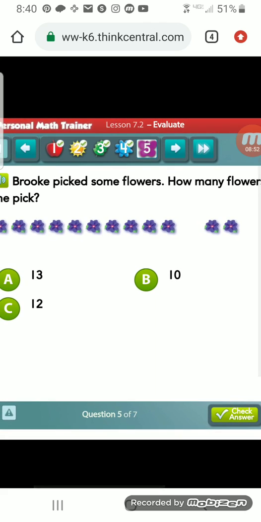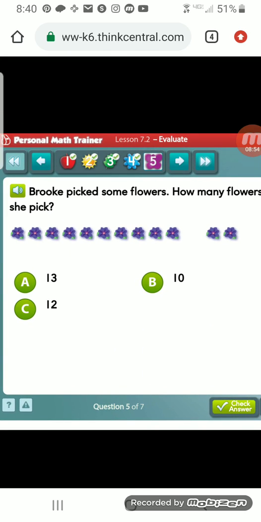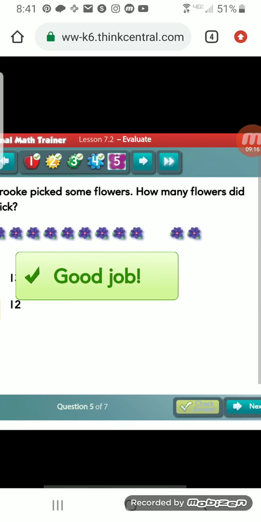How many flowers did she pick? Go ahead and count those flowers. Did you count 12? I did. 12 is a 1 and a 2. Good job!